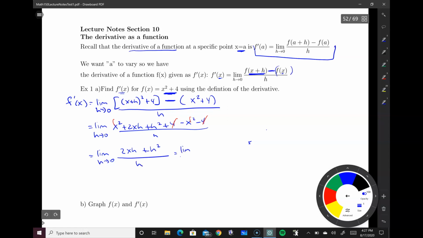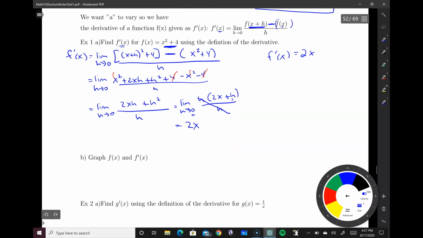So the best thing to do is to take the time to factor the h out. Then those cancel. So now it's my job to plug in h equals 0. If I plug in h equals 0, I get 2x. So what that means is the derivative formula is 2x.